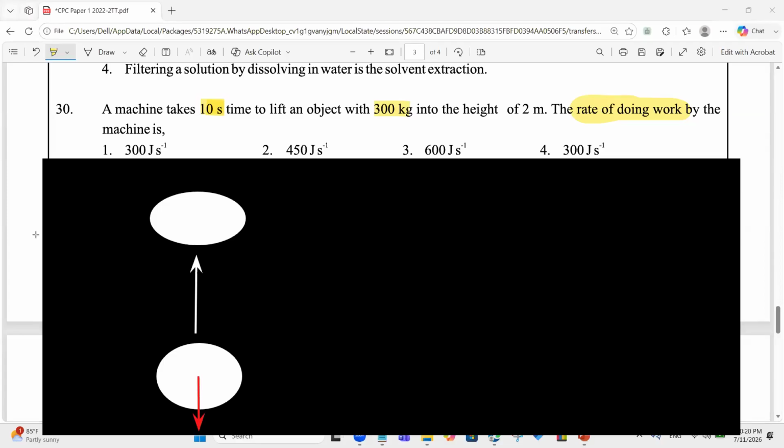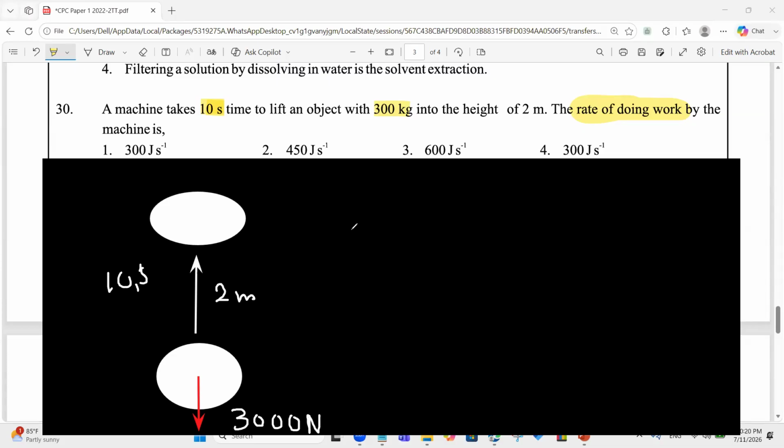It is 3000 newtons, because to lift this one, at least you have to exert 3000 newtons of force. That's the minimum force that should be exerted. Then it's lifted 2 meters within 10 seconds, right?